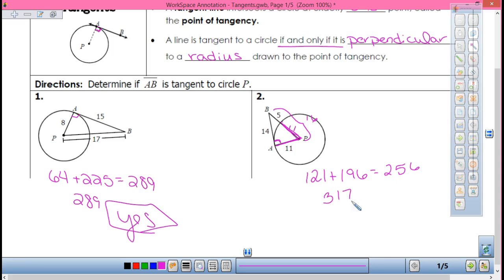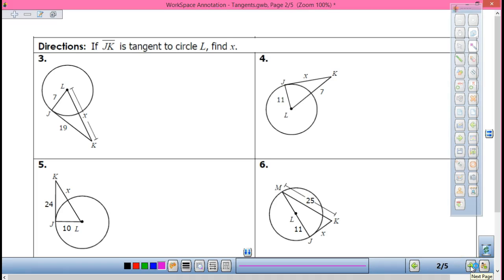So is this a line of tangency? So that's a no. Okay, this happens a lot on today's assignment, where you have to notice that both of them are radii, and you have to add that in. Okay, so don't forget about that.